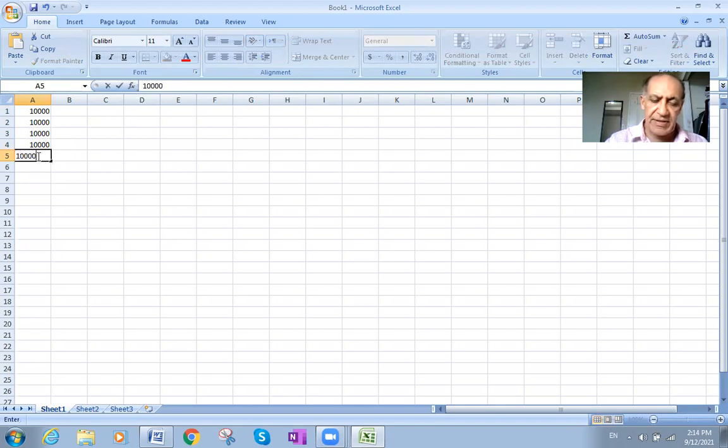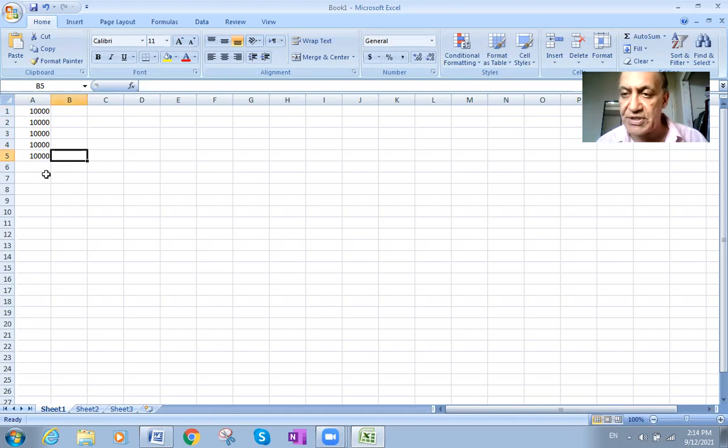This is another 10,000. So I have inflows or cash flow coming into the company. That is 10,000 at the end of the first year, 10,000 at the end of the second year, 10,000 at the end of the third year, 10,000 at the end of the fourth year, and 10,000 at the end of the fifth year.